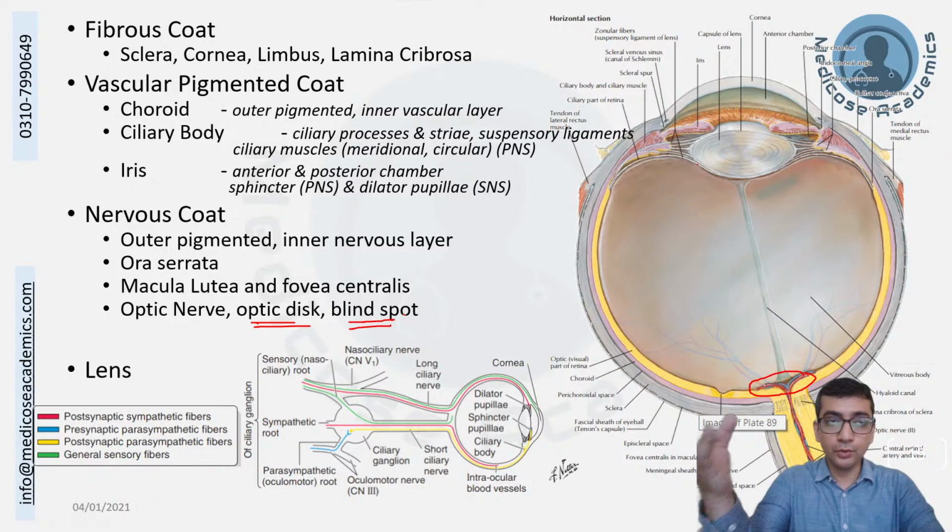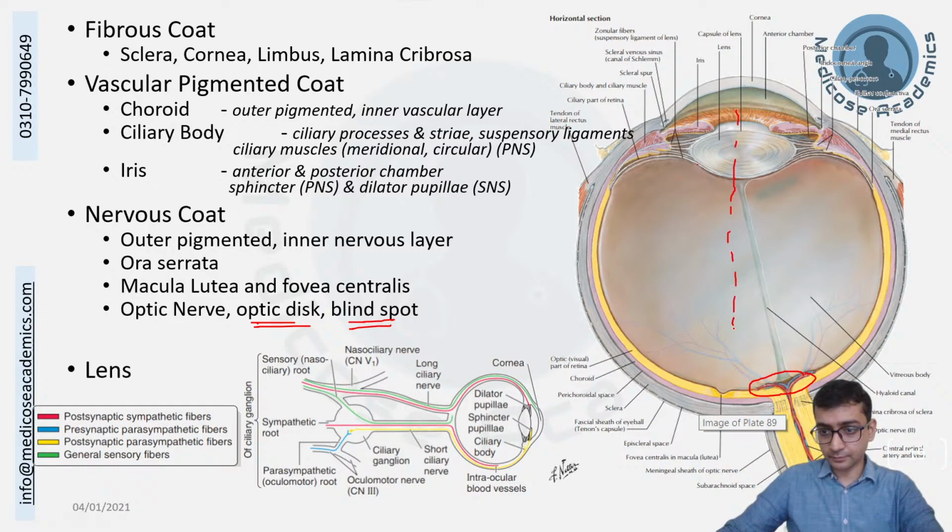However, if you do paralyze the extraocular muscles and the eye cannot move, you do see the blind spot. It is just medial to the anteroposterior axis of the eye.